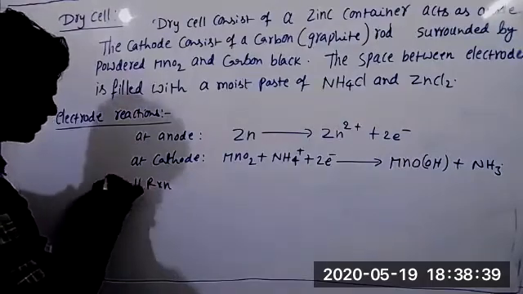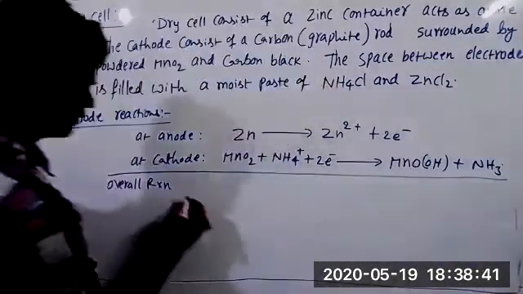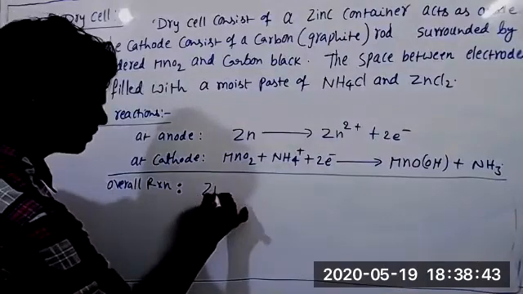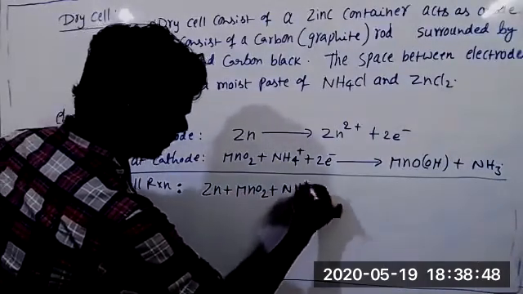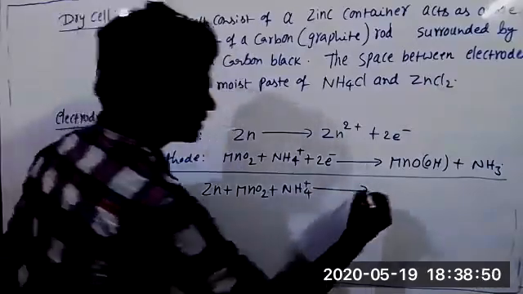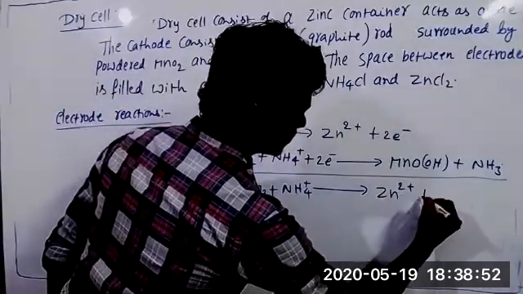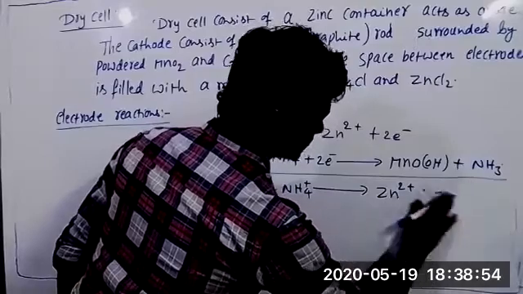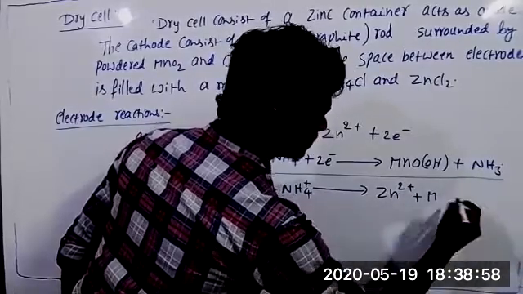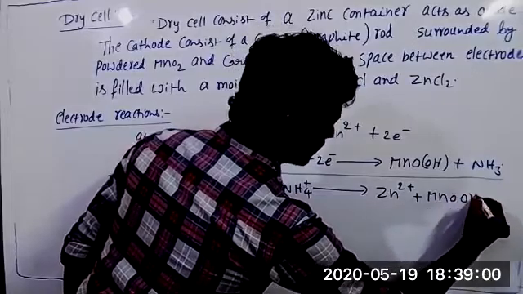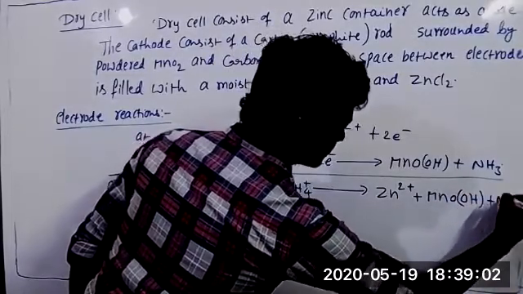Overall reaction: Zn plus MnO2 plus NH4+ gives rise to Zn2+, MnO and OH-, NH3.